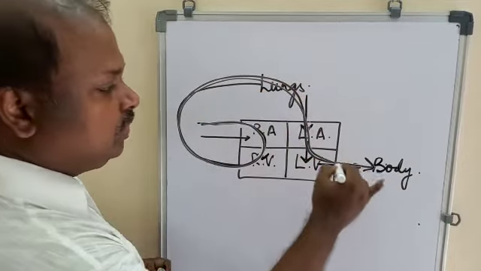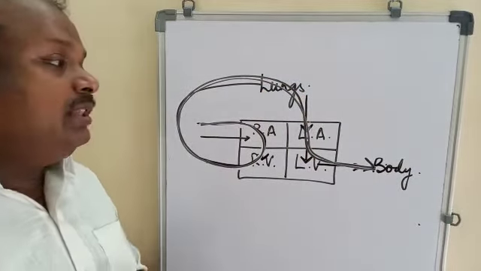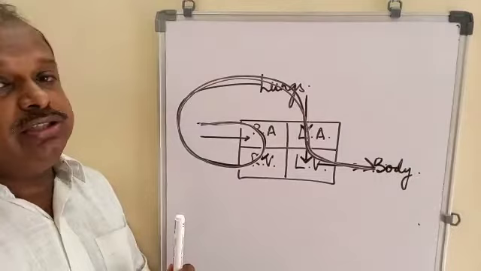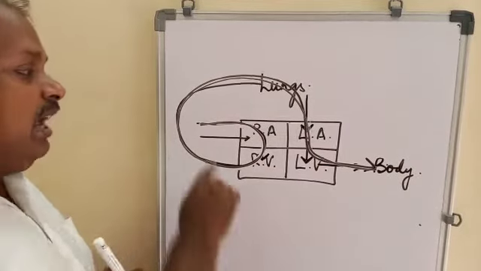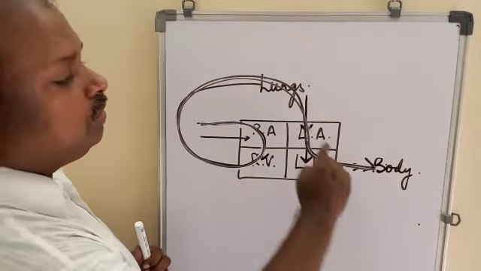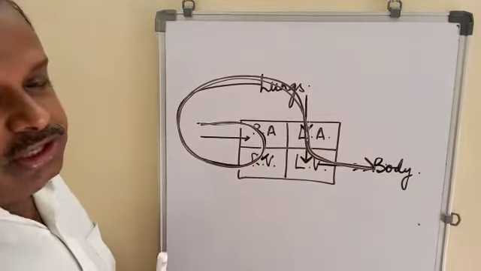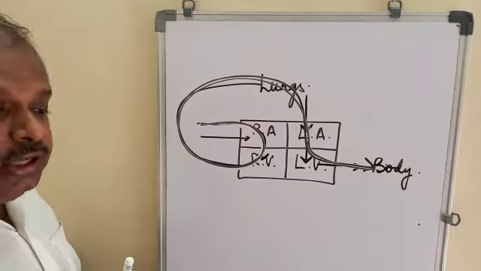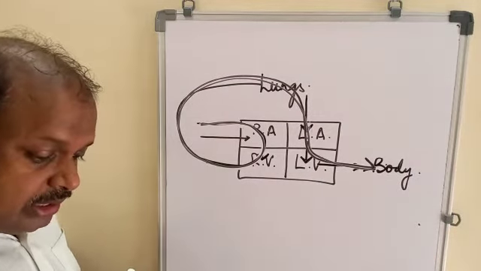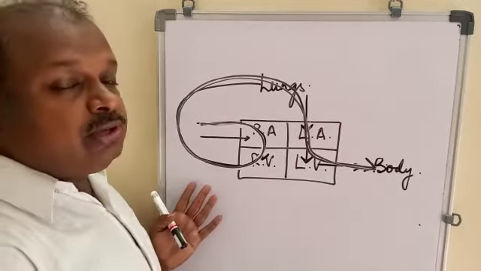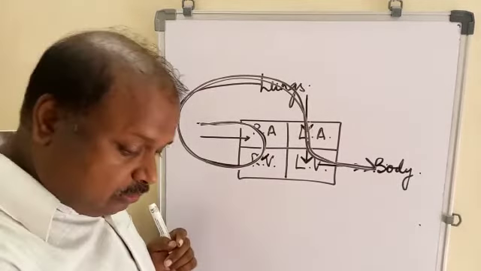Until and unless this one full round gets completed, the blood will not get oxygenated. So every time, the blood has to complete one full round so that from the deoxygenated one it becomes the oxygenated one. Okay. Now the question used to arise: why is the circulatory system in human beings called double circulation?